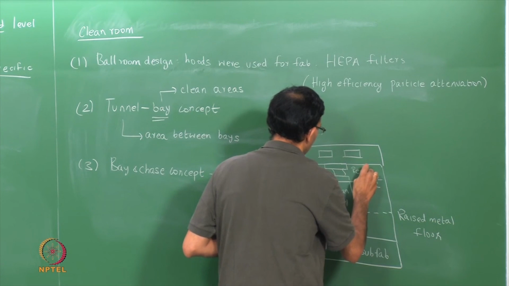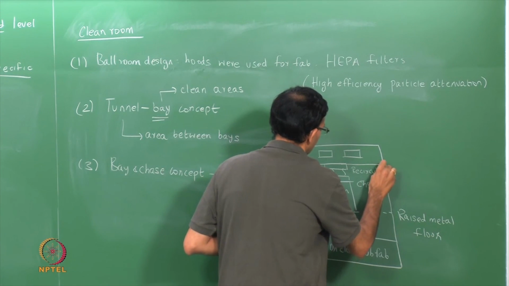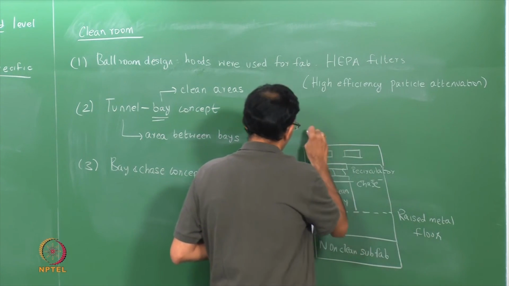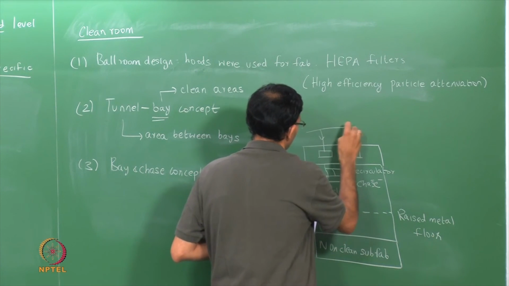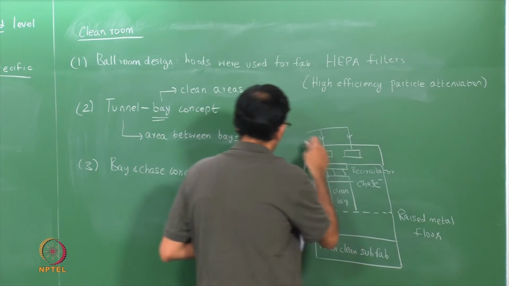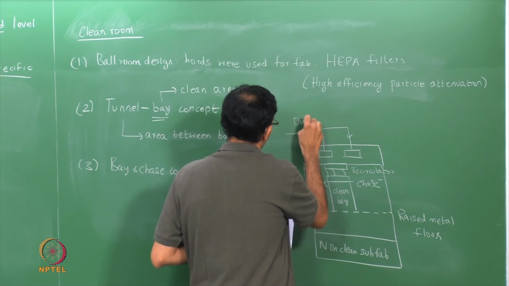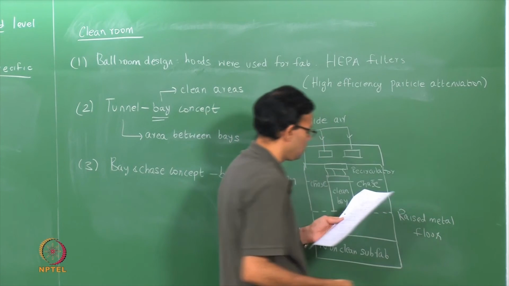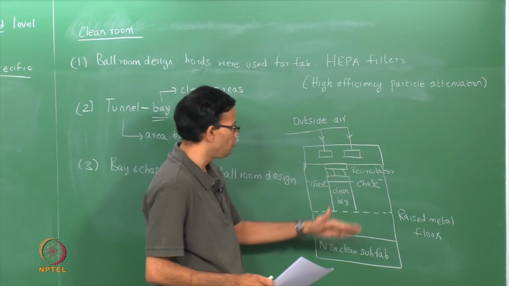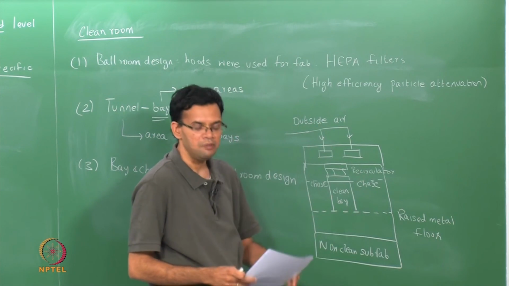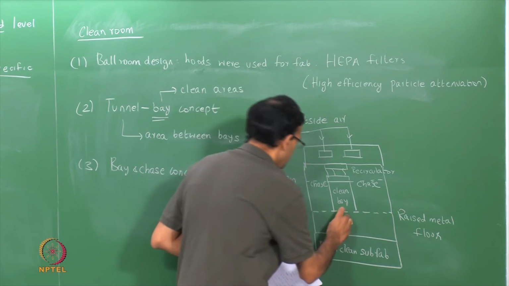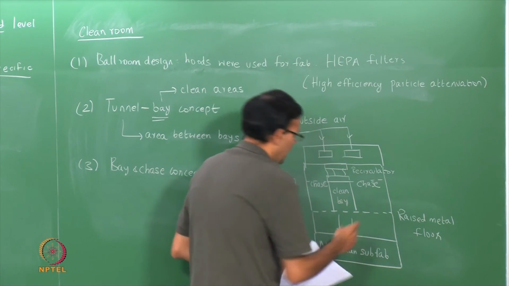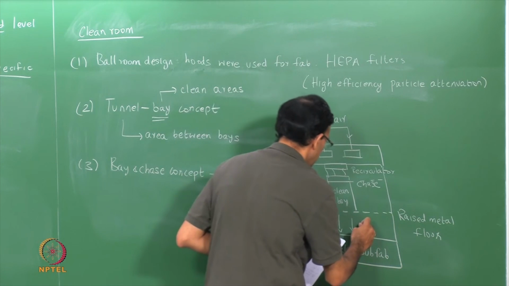This is the recirculator. And then outside air is entered into the fab. So, the air essentially flows down through the clean bay area. So, the air goes down and then gets recirculated through the chase.